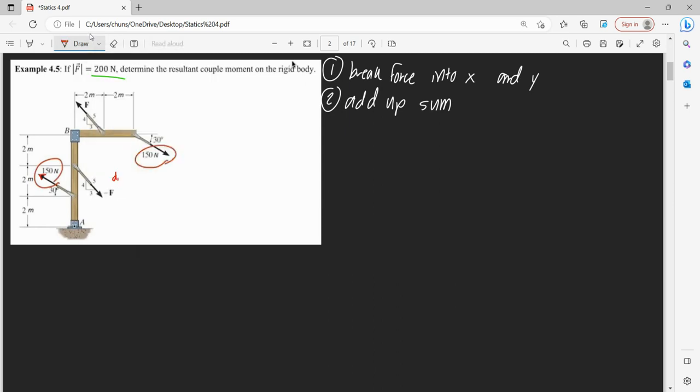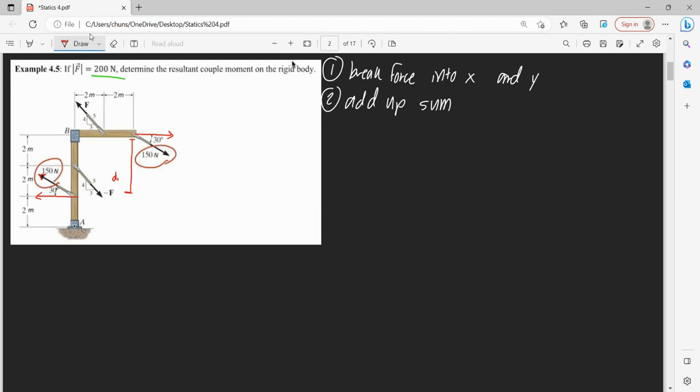So if I were to draw the x components of each one, now I want to find the vertical distance between them. Remember we talked about moments in our previous video, for our review. We know that when we have horizontal forces, we want to find the vertical distance between them, and when we have vertical vectors, we want to find the horizontal distance between them.